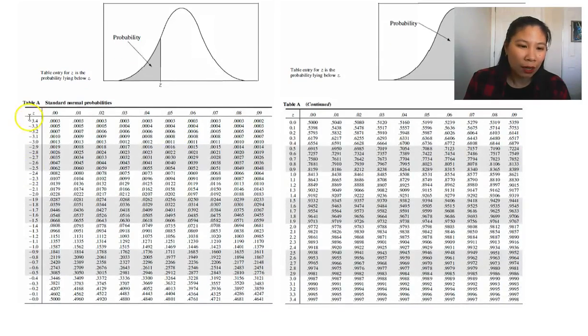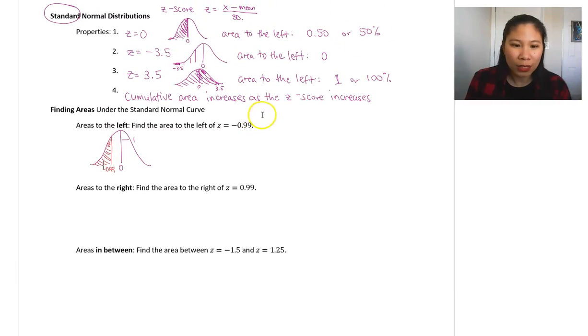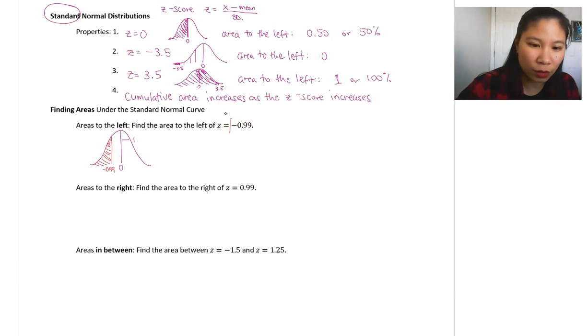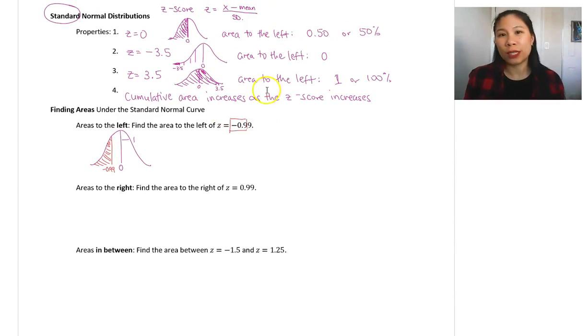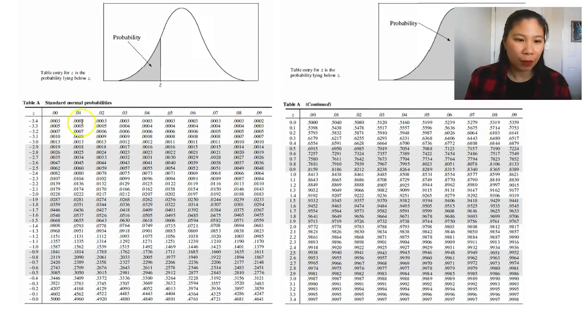If you look at our z-scores here, they only have one decimal place. So to use this table, we use this first column to see what our first decimal place is, and then we use these rows up here to look for our second decimal place. So with a z-score of negative 0.99, we are looking for a first decimal place of negative 0.9. So on my table, I'm on the negative side.